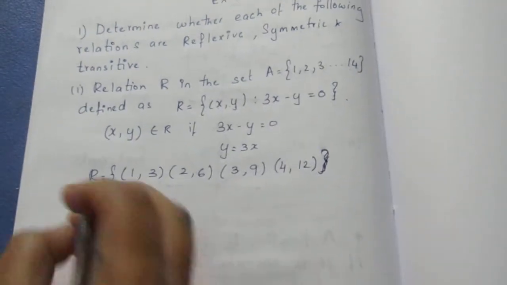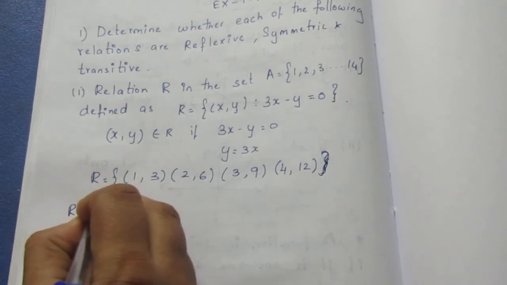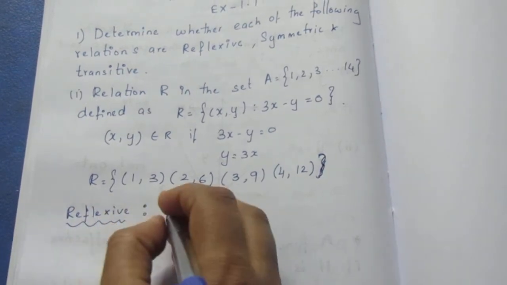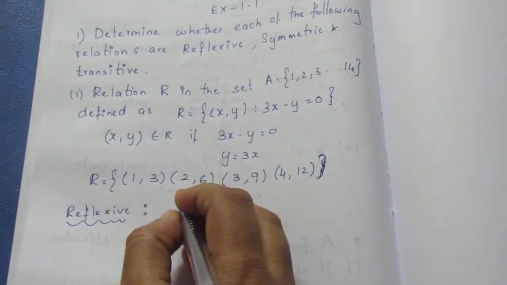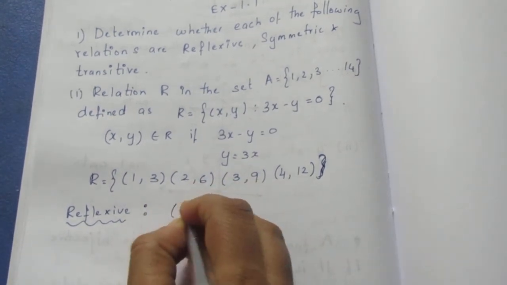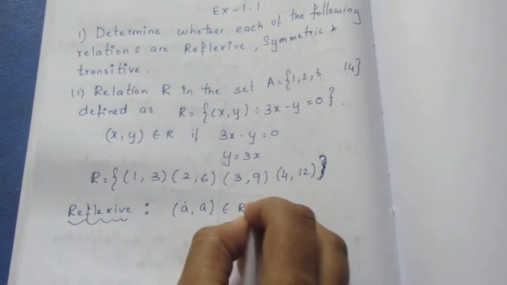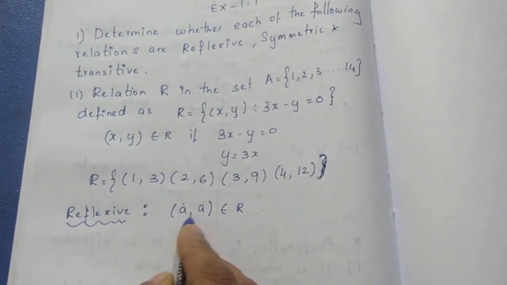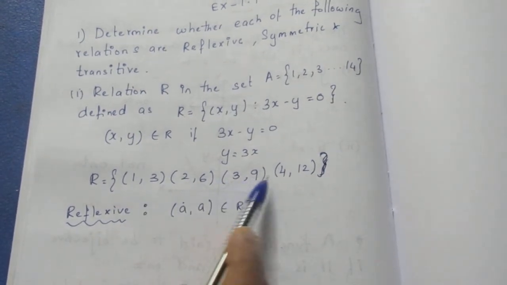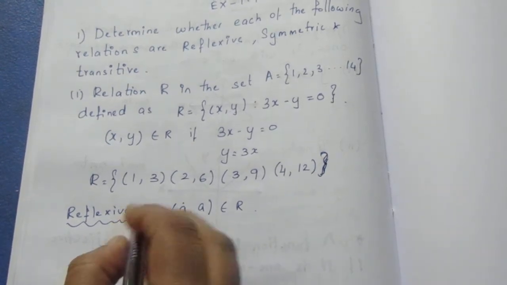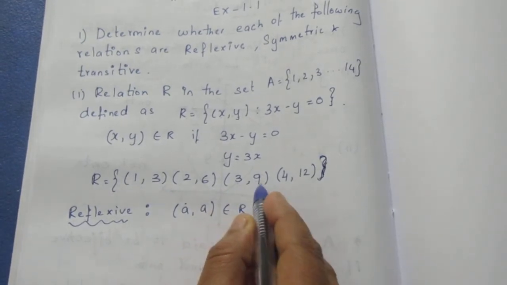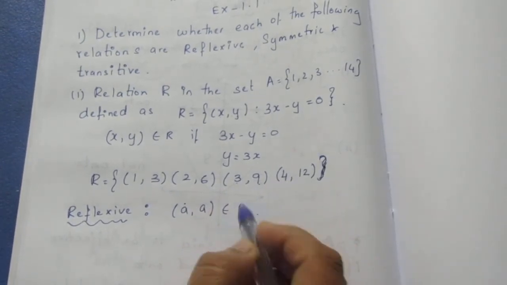Now let us go with the reflexive. According to the reflexive, A comma A belongs to R. If it is reflexive, both the values should be the same and it belongs to the relation. Here there is no element that is equal. 1 should be equal to 1, 2 should be equal to 2, if 3 comes here, 3 comma 3, 4 comma 4, then it will be a relation.